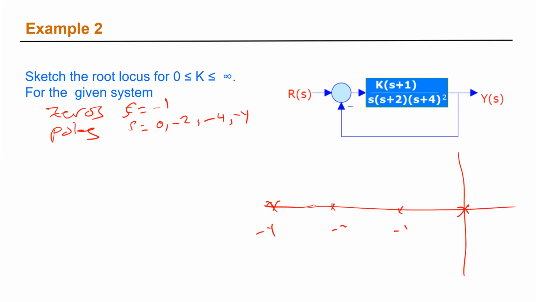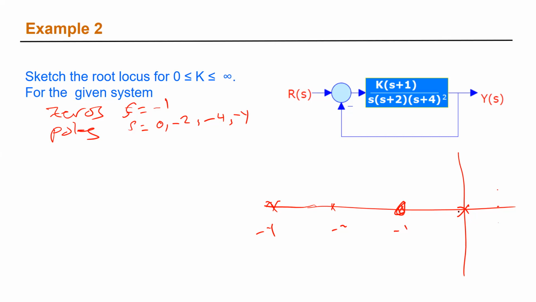Now, which part of the real axis is going to be on the locus? Any volunteer? Is this part in the locus? Remember, the rule stated that the part of the root locus is to the left of an odd number of poles and zeros.